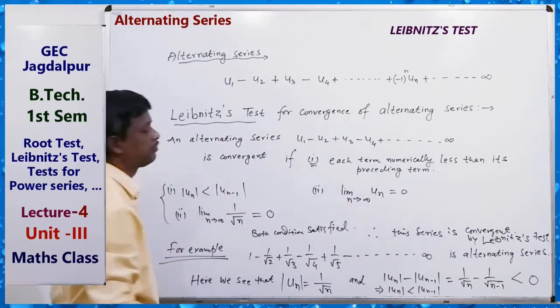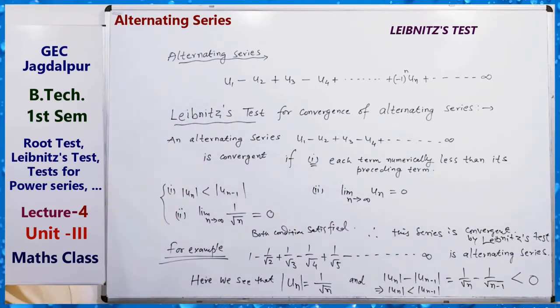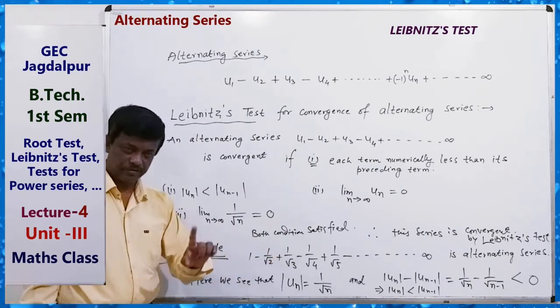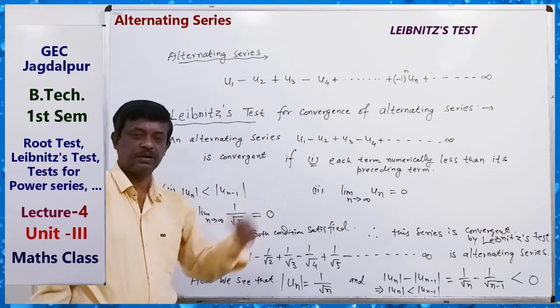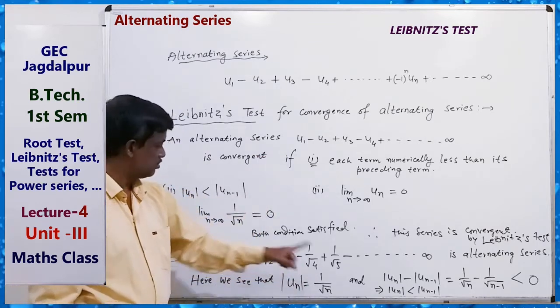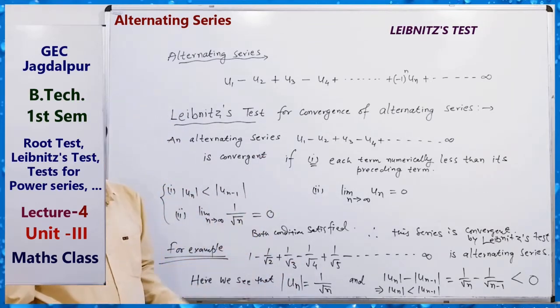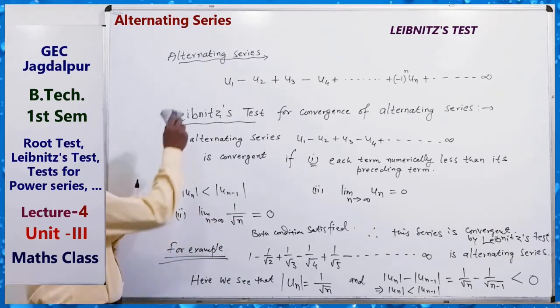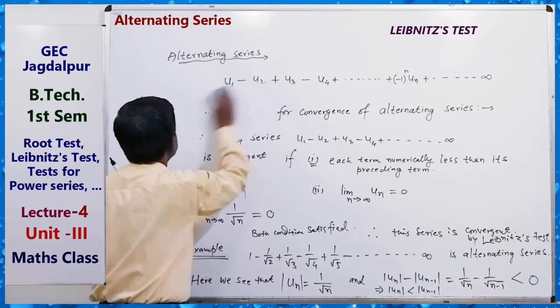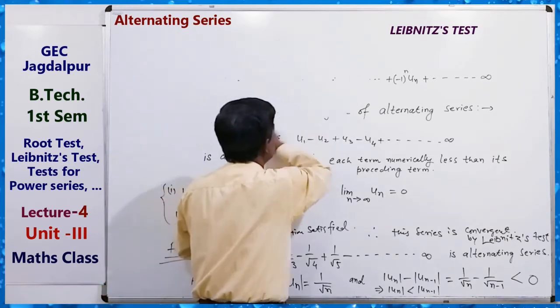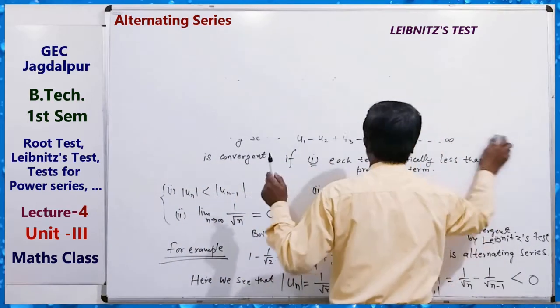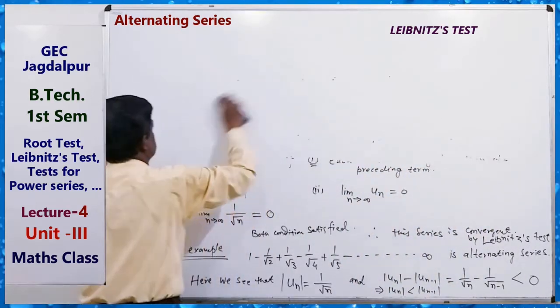This Leibniz test says what? For a series, if each term is numerically less than its preceding term and un tending to 0, these two conditions satisfied, then the series is convergent by Leibniz test. So this is an example of an alternating series being convergent due to Leibniz test.